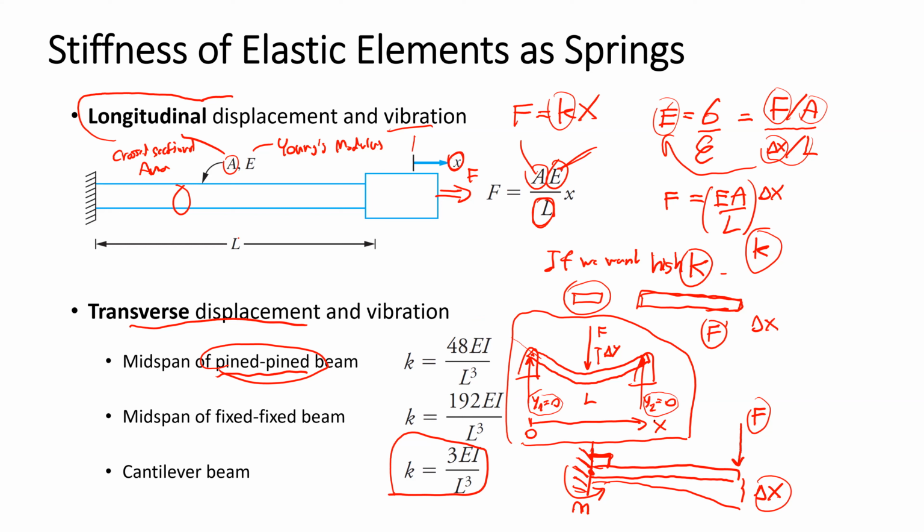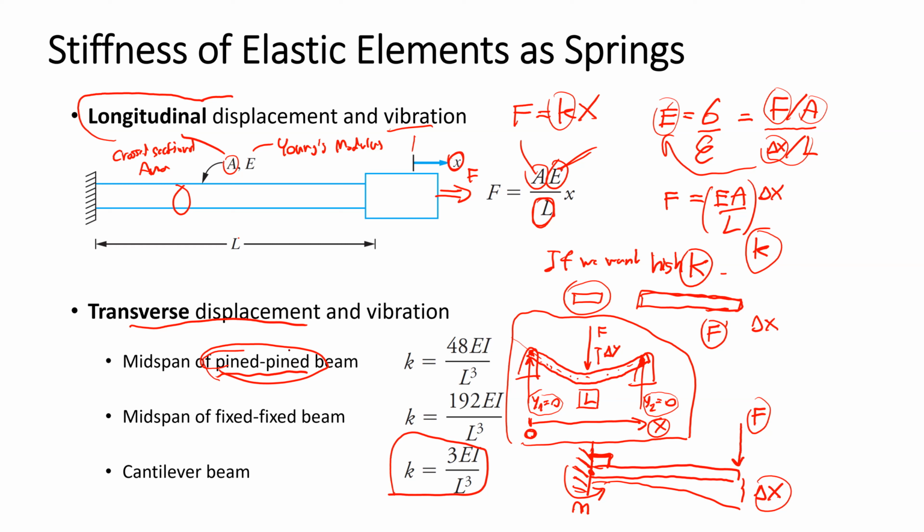We have x that indicates the position of the element on the beam. X equal to 0 means at the left pin support, and if the bar has the length L, on the right pin support, X equal to L.